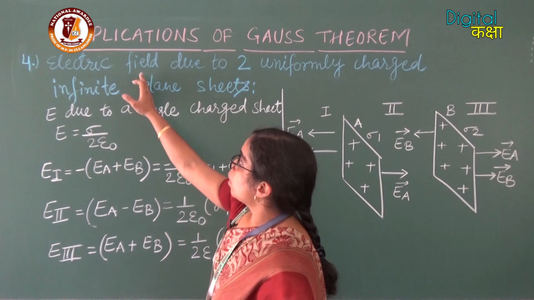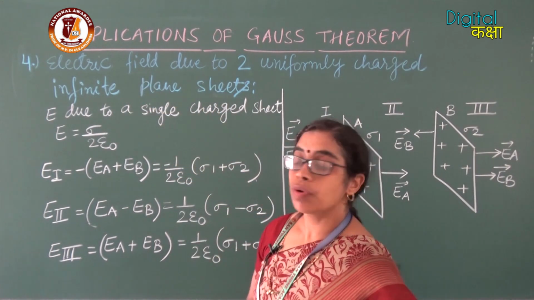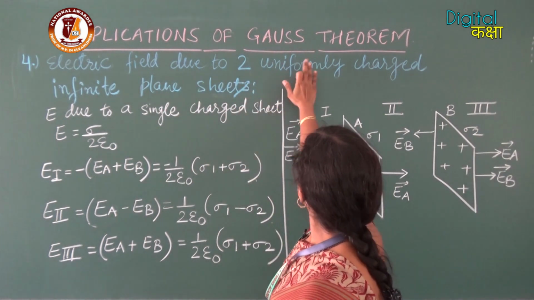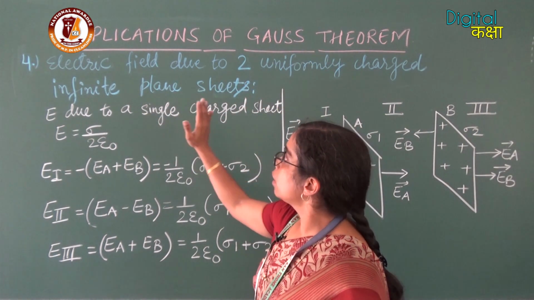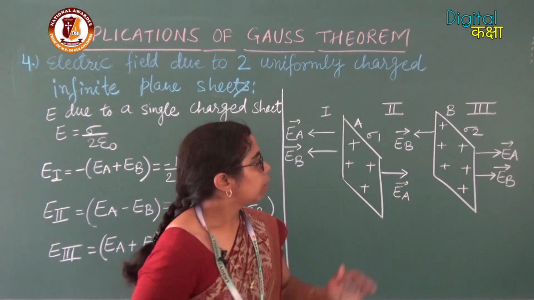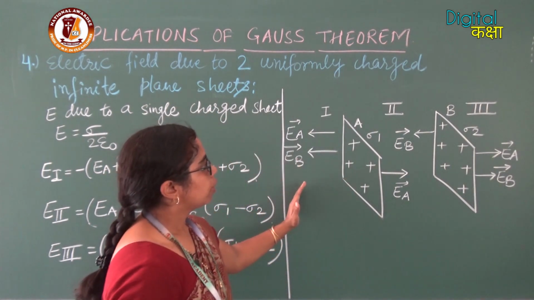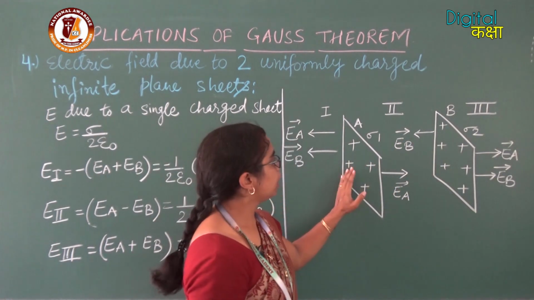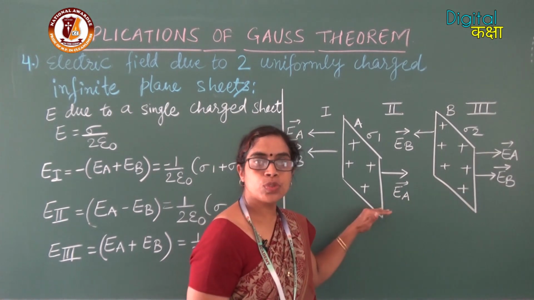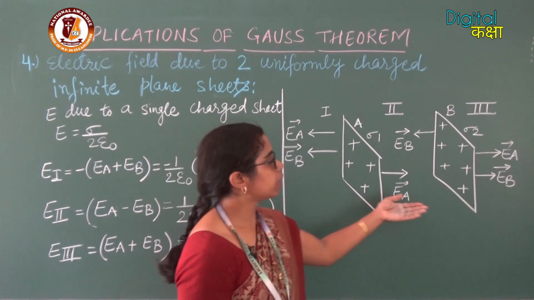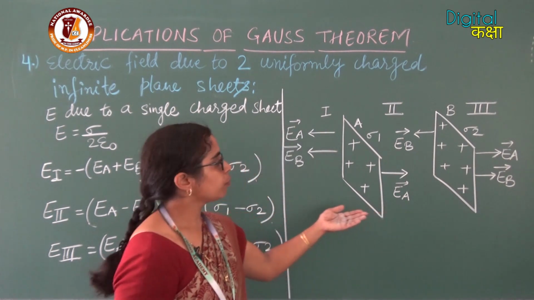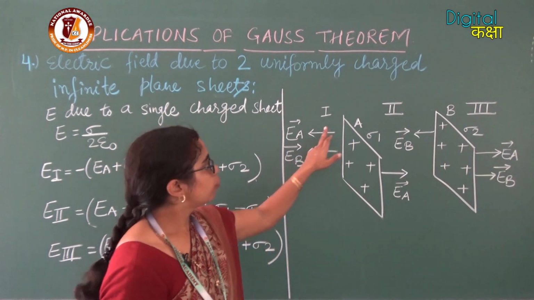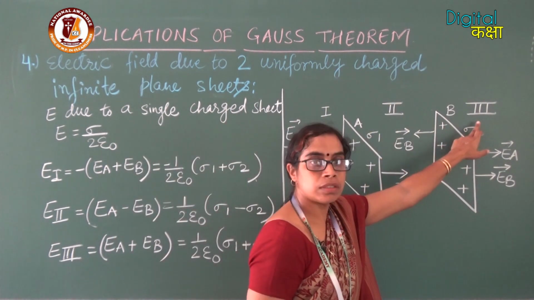Now let us study the fourth application of Gauss theorem, which is the electric field due to two uniformly charged infinite plane sheets. Here in the diagram there are two uniformly charged plane sheets named A and B. These two sheets are separated by a certain distance, and because of their positions there are three regions forming: first, second and third.